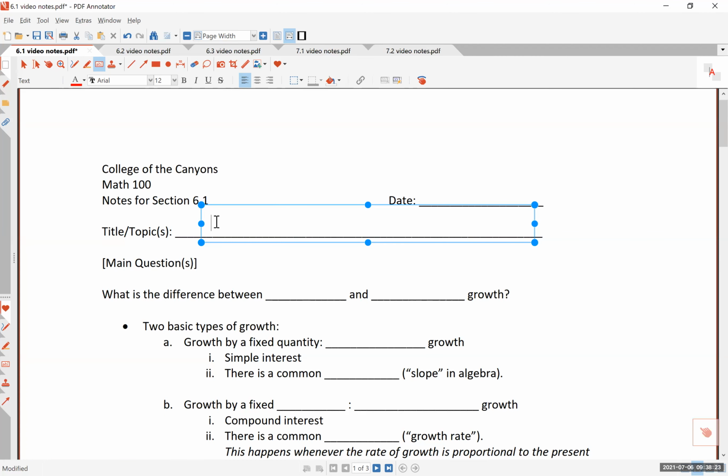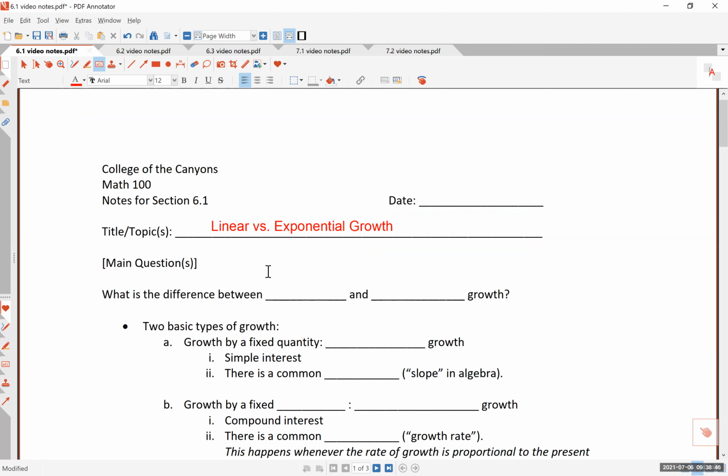All right, the topic for Section 6.1 is linear versus exponential growth. We had a very similar discussion when we began talking about simple and compound interest. And in fact, simple is linear and compound is exponential growth. Here's the main question.